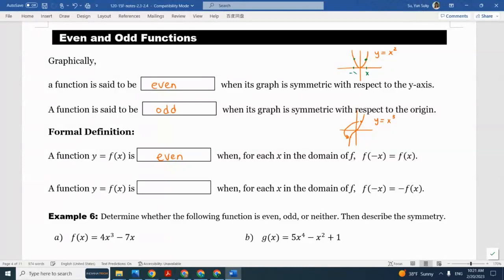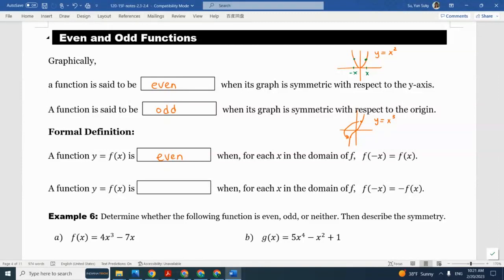And then where's minus x? Well, this is x, minus x is on the other side, right, everybody? Do you see they have the same y? Okay, y is the value on the y-axis. They have the same height. They have the same y. So f of minus x and f of x, they have the same y. They are equal. Then the function is even.